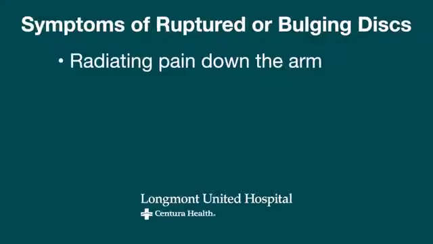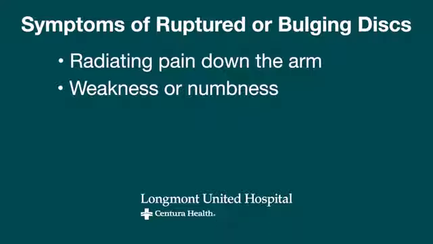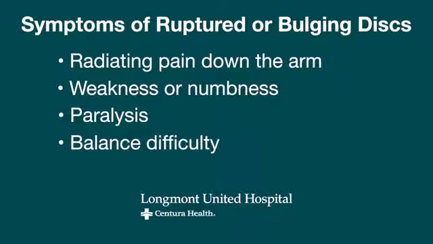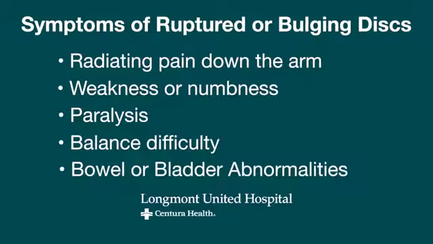Either a radiating pain down their arm associated with either weakness or numbness, or in the worst case scenario, if a person's spinal cord is being significantly compressed, it can cause a patient to be either paralyzed or have problems or deficits, including balance difficulty or even bowel or bladder abnormalities.